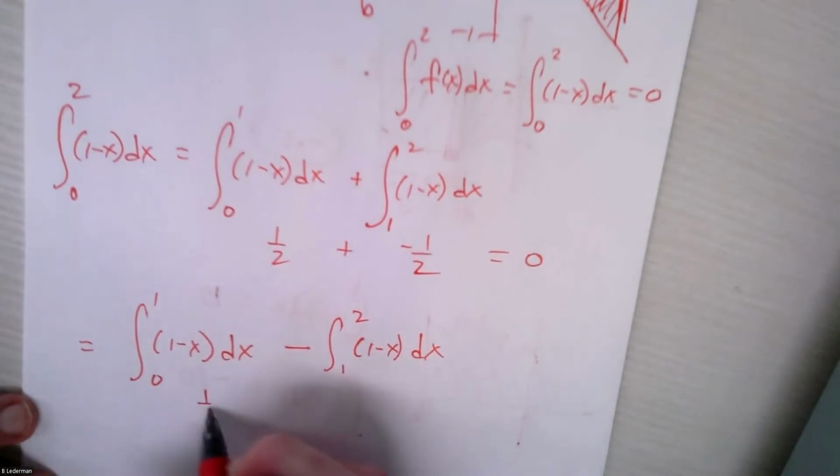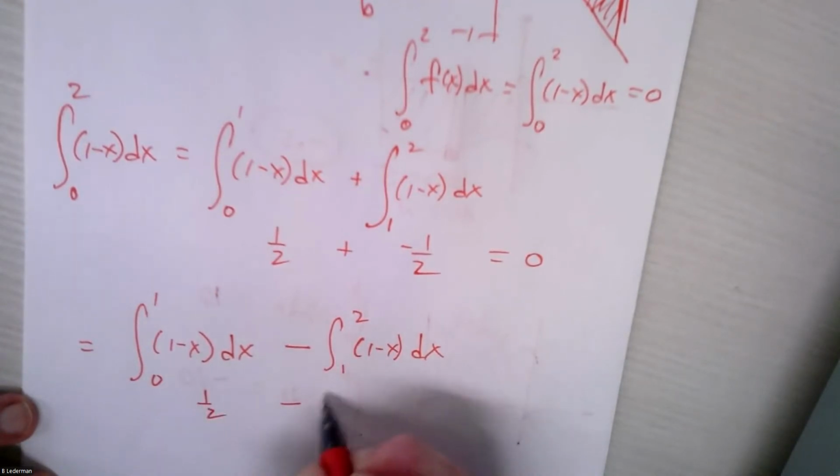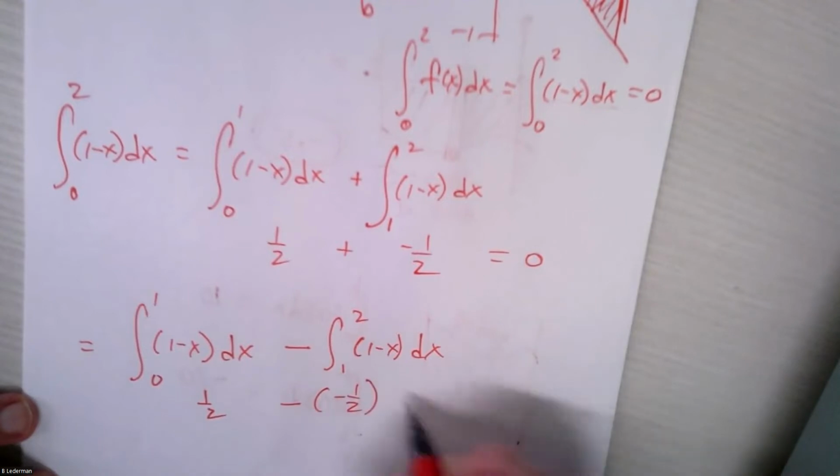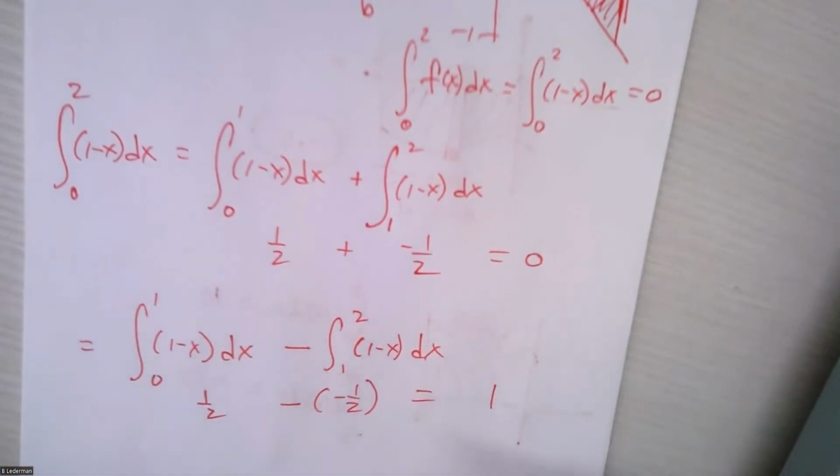Because this way it's 1/2 minus negative 1/2.